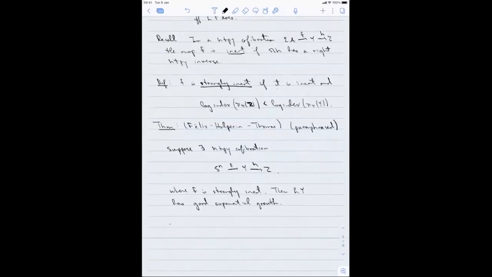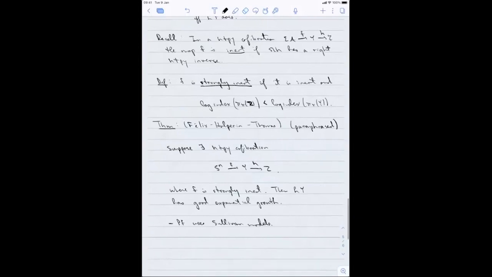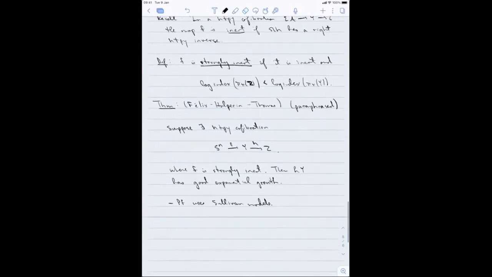Right, and the proof uses all the machinery of the Sullivan model, as you sort of would expect from the rational side of things. So we'll give a different proof that uses these decomposition methods and that allows things to be said more generally.